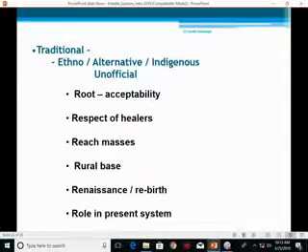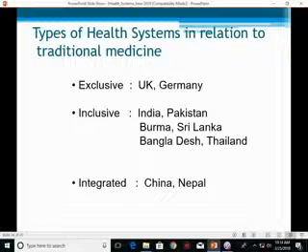Now there is a renaissance, a rebirth. At the time when Western medicine or the allopathic system came, it took over, but now people are going back to Ayurvedic systems, and even hotels have started practicing these systems, and they have a role in the present system.